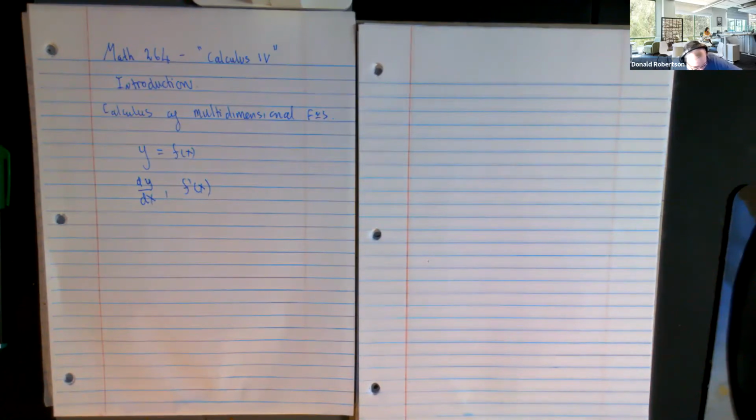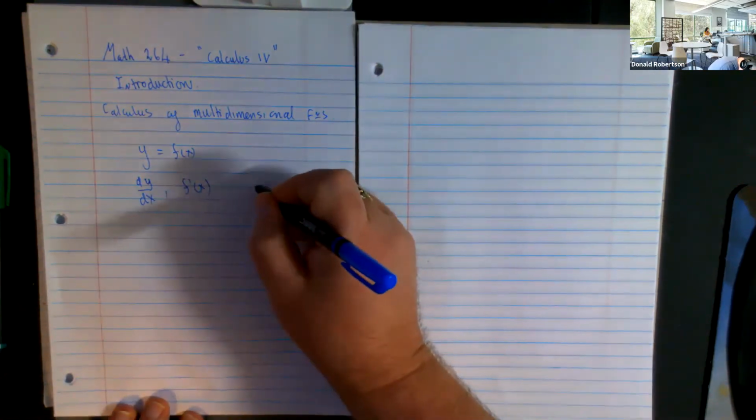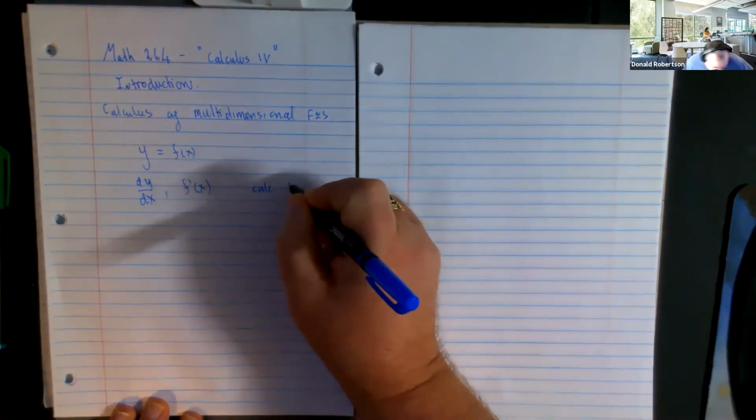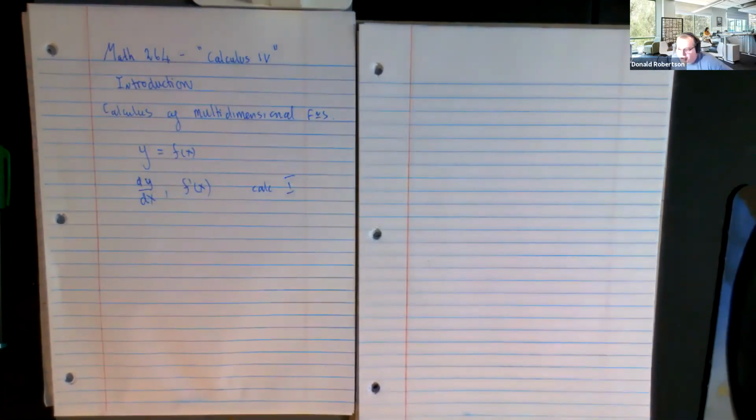But you can also use derivatives to do things like rate of change. You can also use derivatives to find local max, the tops of hills or the bottoms of valleys and so on and so forth. And that's basically what Calc 1 does, isn't it? How do you differentiate things and what can you do with those derivatives now that you've found them?